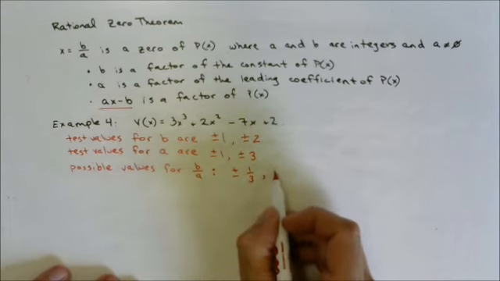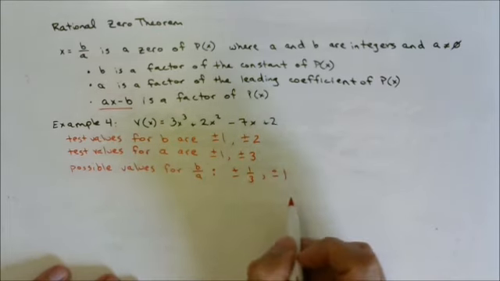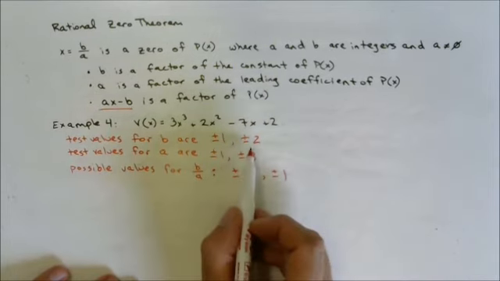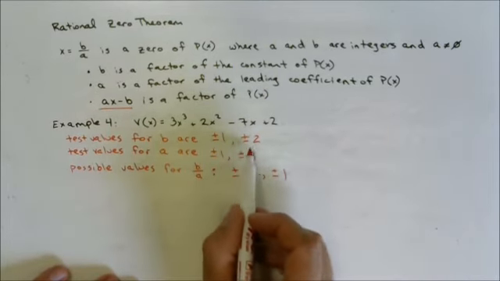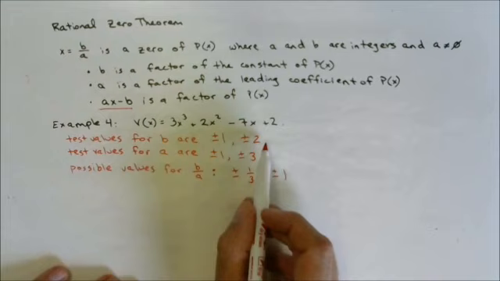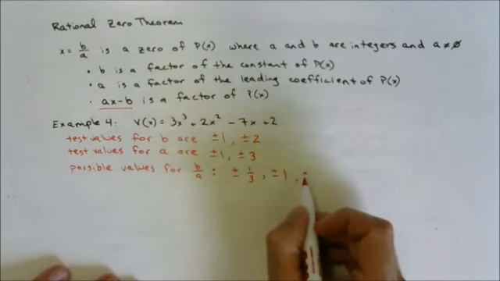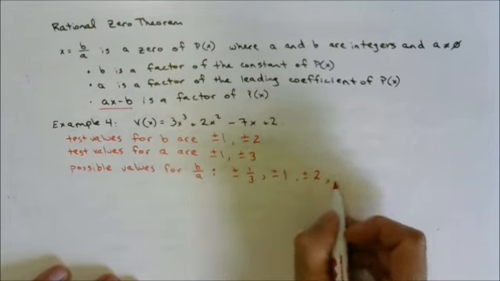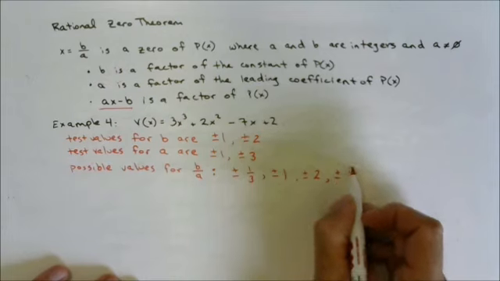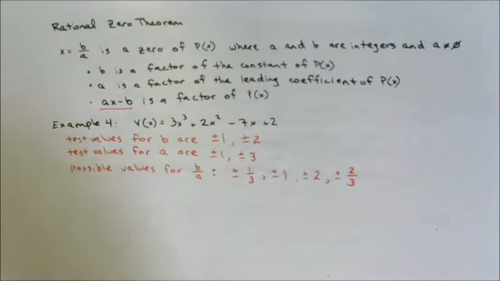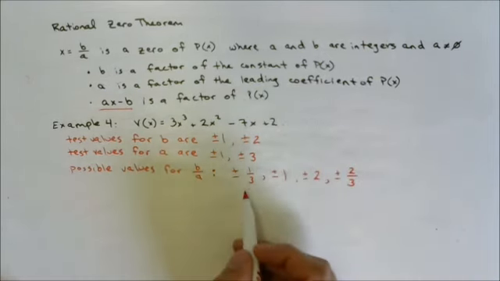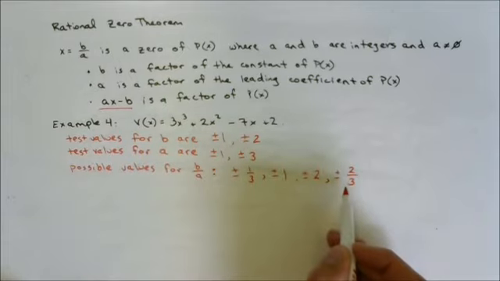Then 1 over 1, which is positive or negative 1. Then with the factor of 2, you have 2 over 1 and 2 over 3, and they can both be positive or negative. 2 over 1 is just 2. 2 over 3 is 2/3. Okay, there are our possible values. Those are the only values that you have to test.